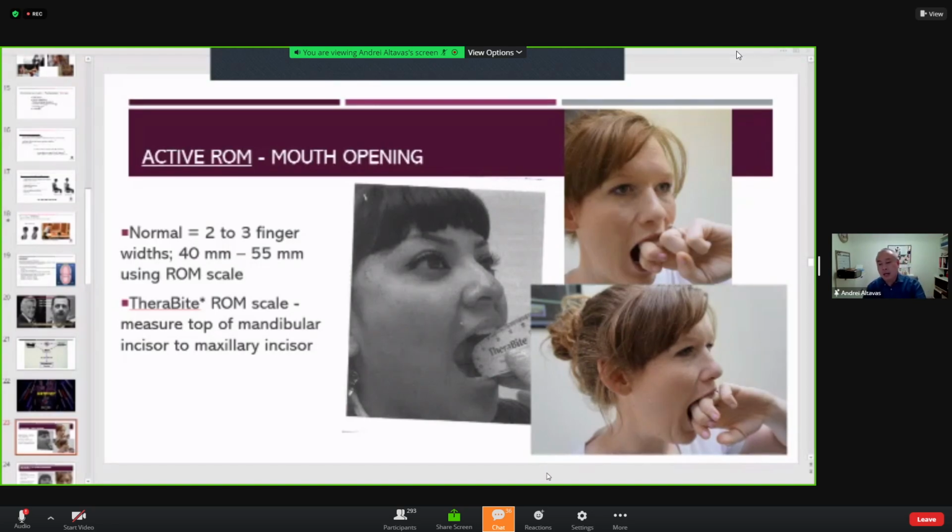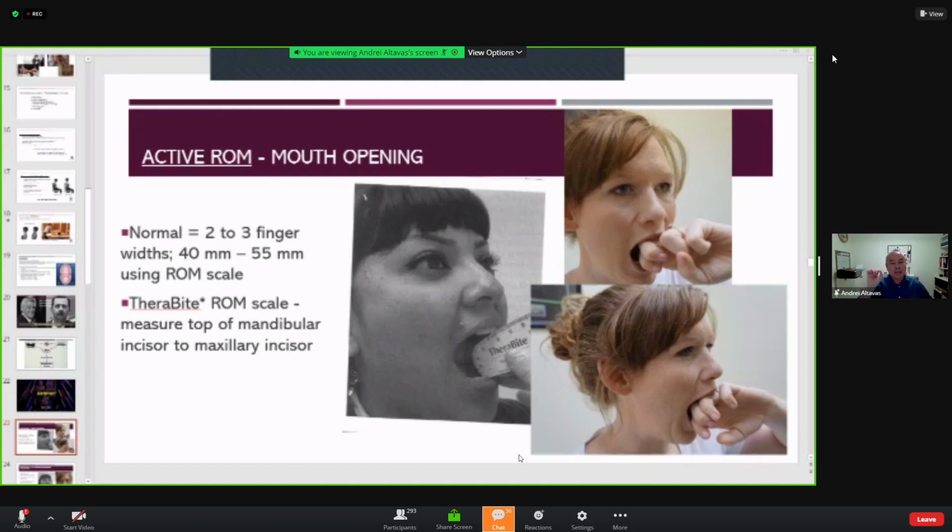Now there's a range of motion scale that is available, and I'm pretty sure you can get this. It's called the Therabyte Range of Motion Scale, and this is just the brand. If you ask any of your dentists, they probably have this. I'm not sure, but you can actually order this for your clinic as well. They're basically just cut off pieces of paper, and this is disposable.